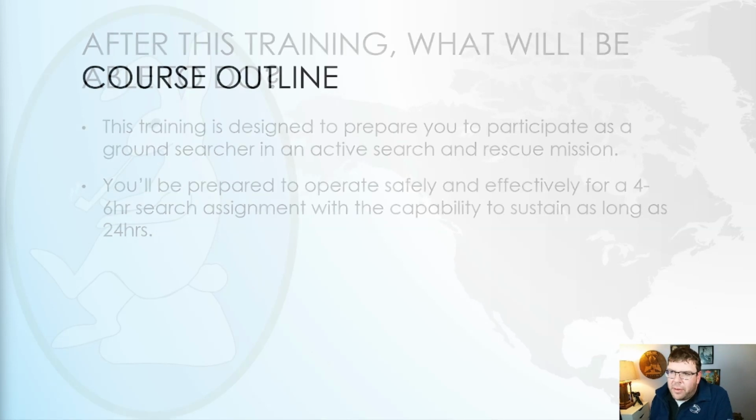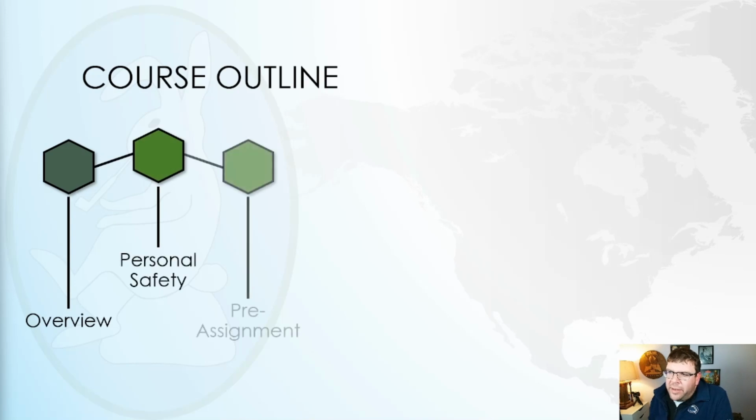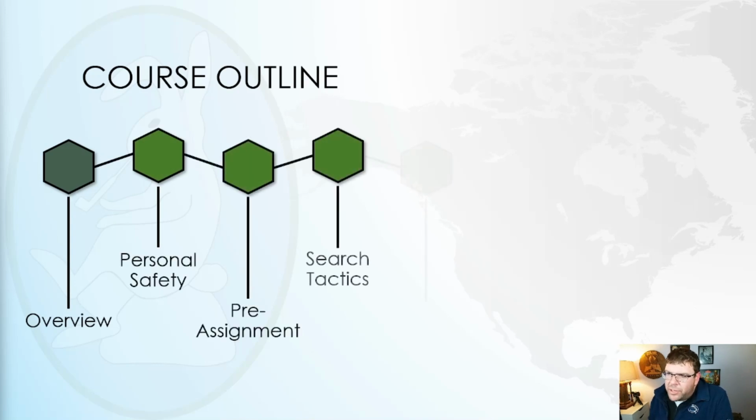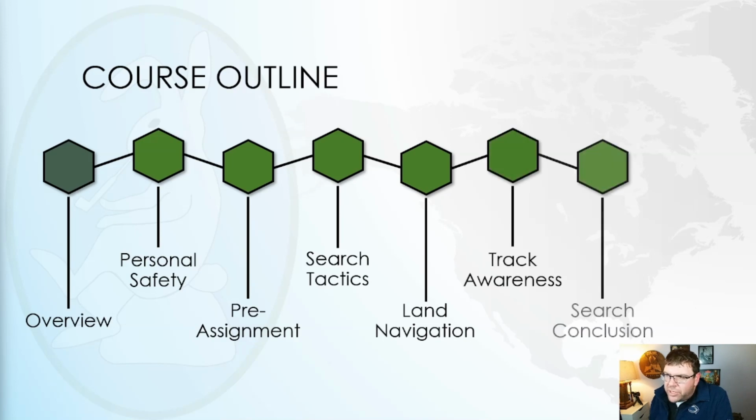In terms of the course itself, it's broken out into 8 different modules: search and rescue overview, personal safety, the pre-assignment, search tactics, land navigation, track awareness, search conclusion, and legal issues. All of these together are designed to introduce a new searcher to basic search operations and reinforce key search fundamentals for experienced searchers.